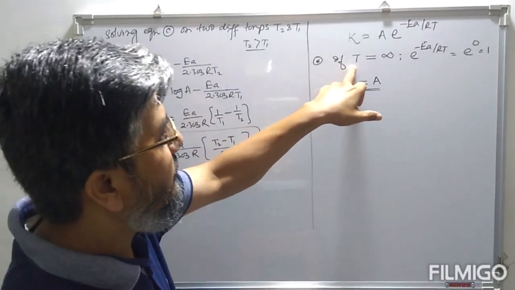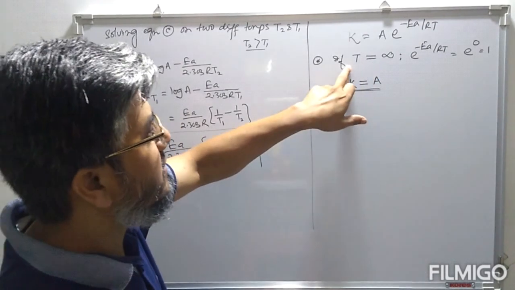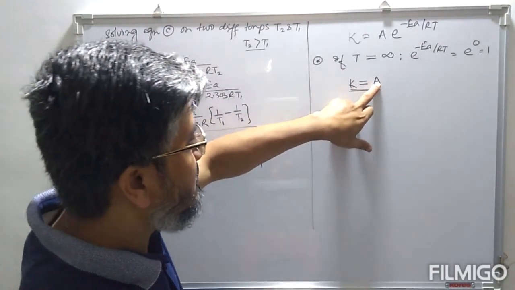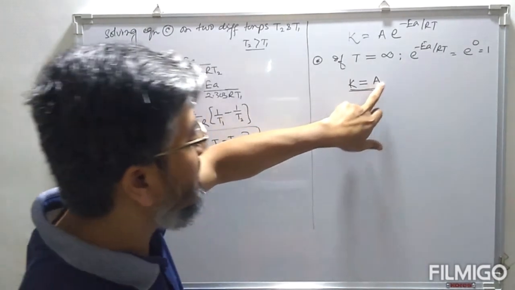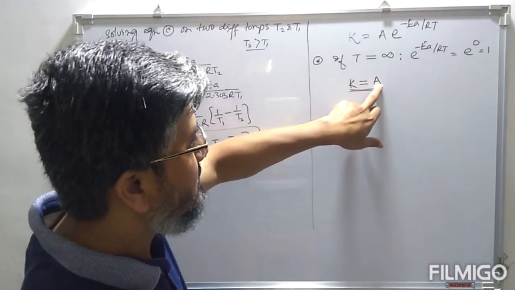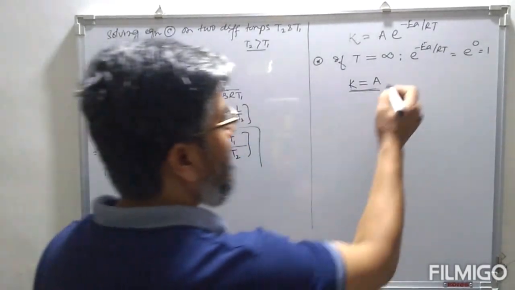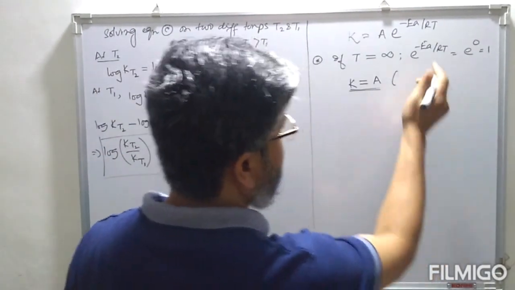But looking at this condition, when temperature is increased to an infinitely large value, rate constant k equals A. That means all collisions are leading to product formation. So this is physically not feasible.